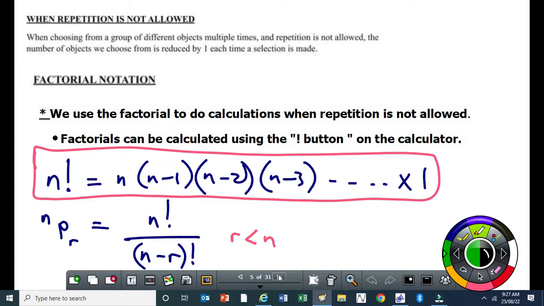Alright. When the repetition is not allowed, when it comes to the fundamental counting principle, we use what's called the factorial form. Now, what does the factorial mean?